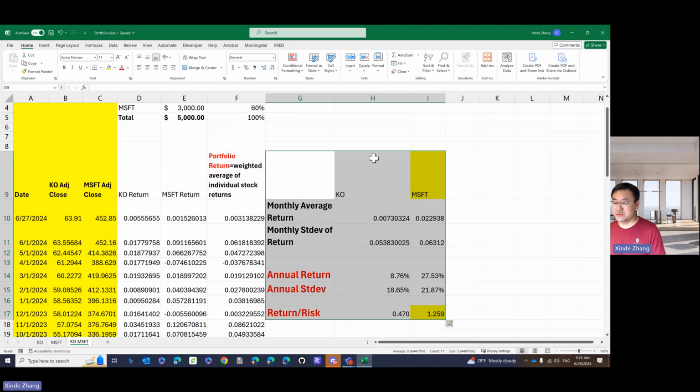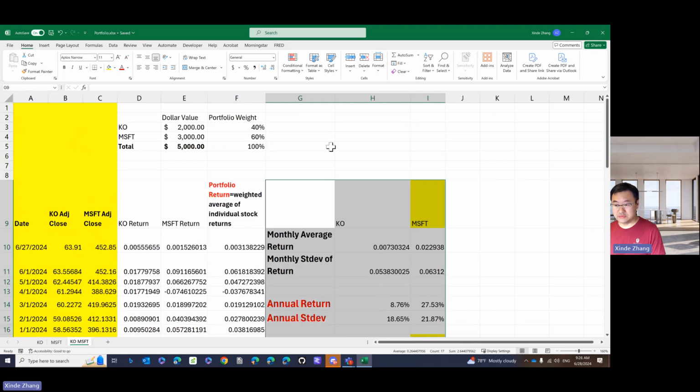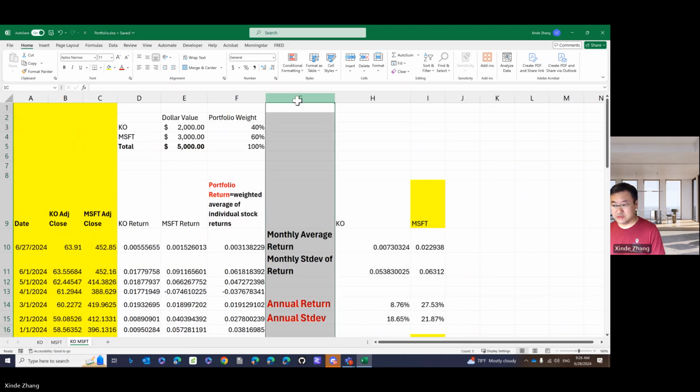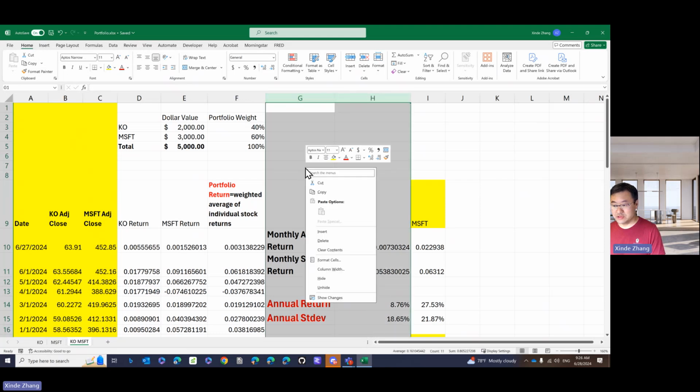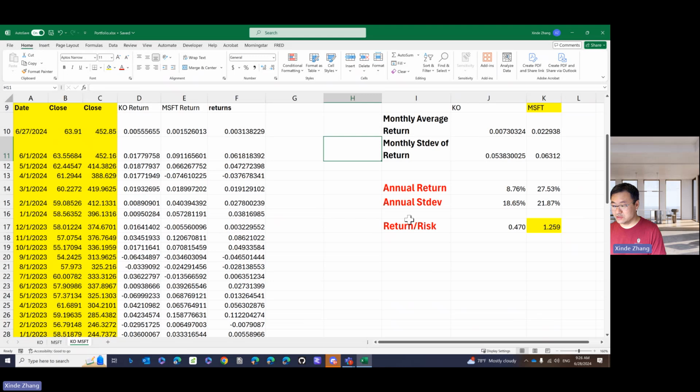And I'm going to make those a little bit special here. So why don't I just insert a couple of rows? So I picked up G and H, right click, insert. So those are going to be the stock return analysis that we have done.